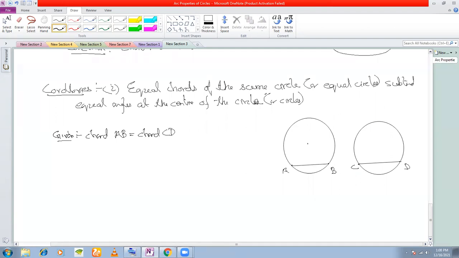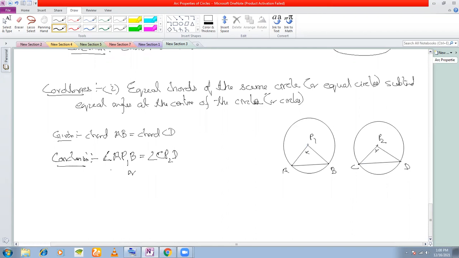Then what can you conclude? If I say P1 and P2 to be the centers of the circles, join the bounding radii. Then you can conclude that the angle subtended by these chords at the center, that is angle AP1B, must be equal to angle CP2D. That is, you can conclude that these two angles are equal.